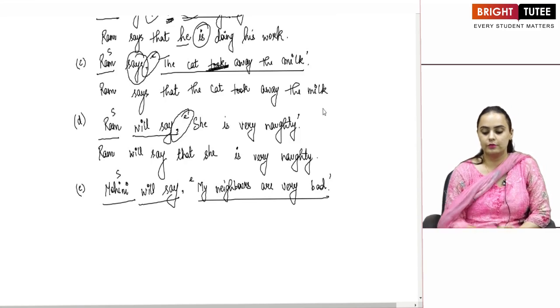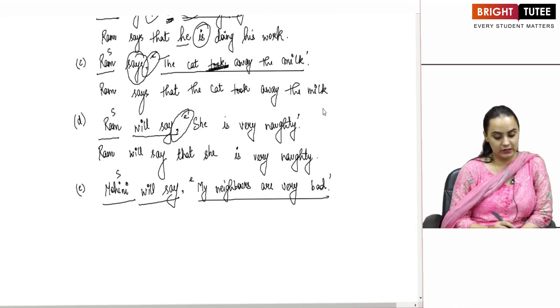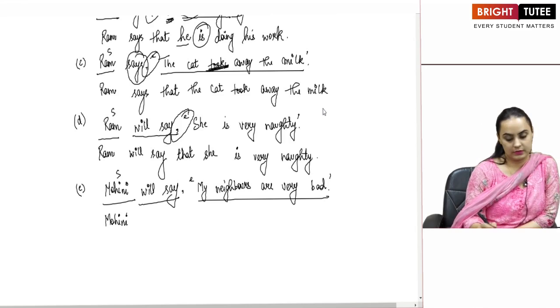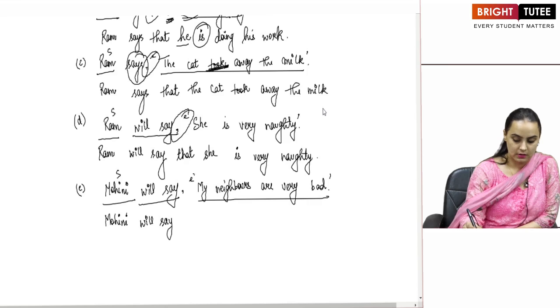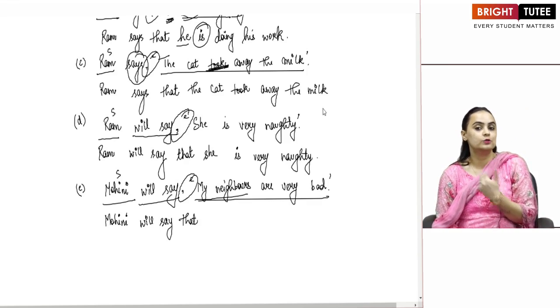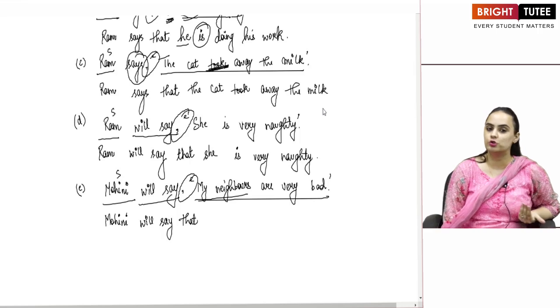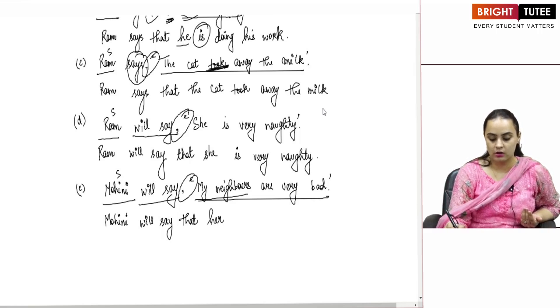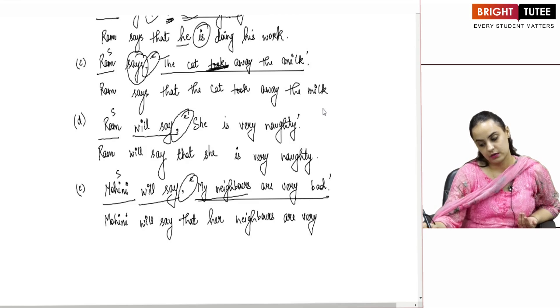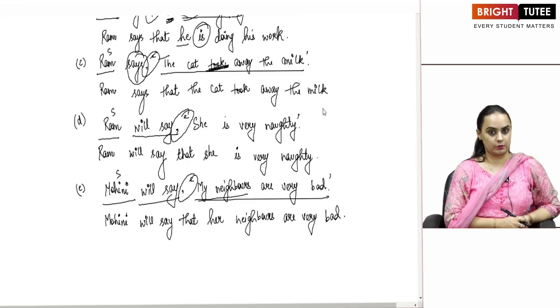And this is my reporting speech. How do we change? Mohini remains as it is. So Mohini will say, we remove the commas and we write that. My neighbors, my. If Mohini is using my, then how will we change it to indirect speech? Her neighbors are very bad. Full stop.